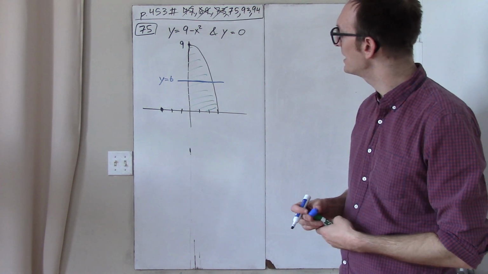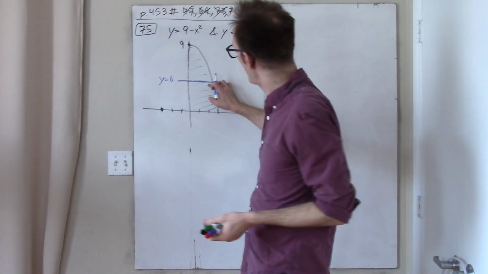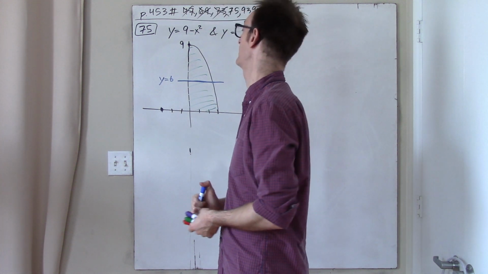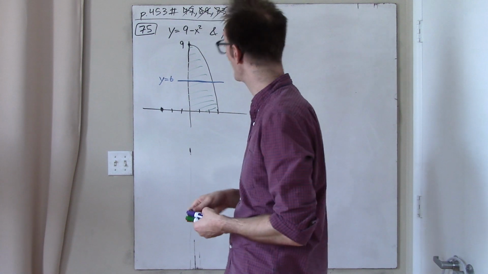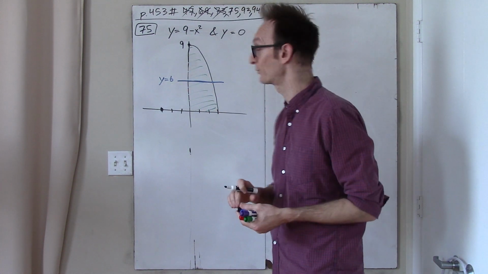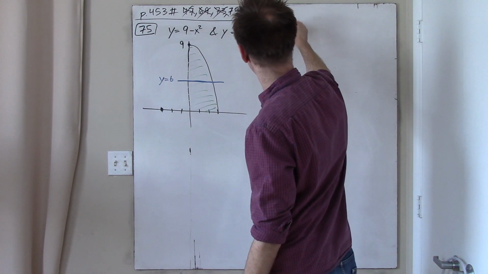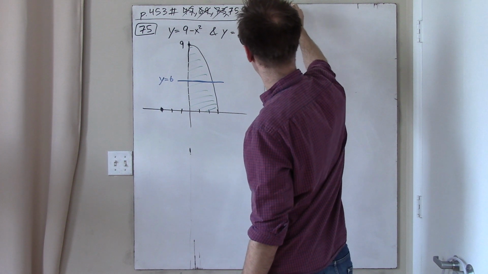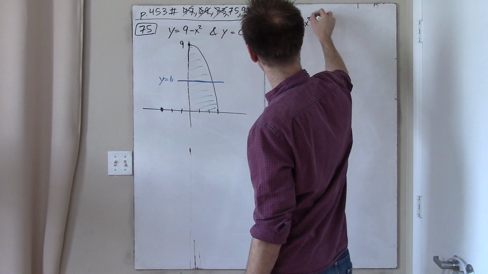Okay, how can we do this? Well, perhaps the best thing to do is to first find the area of the entire region. So let's do that. What is the area of the entire green region? Well, it's just the integral from 0 to 3 of 9 minus x squared.